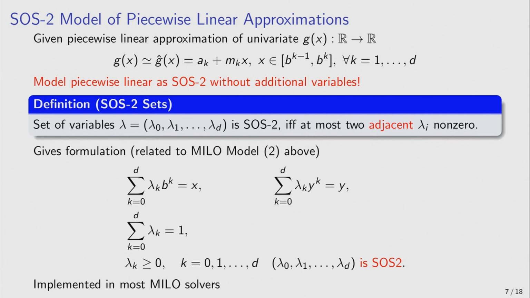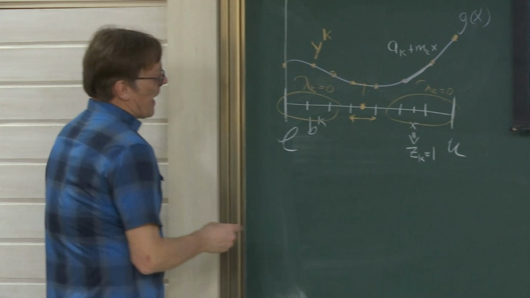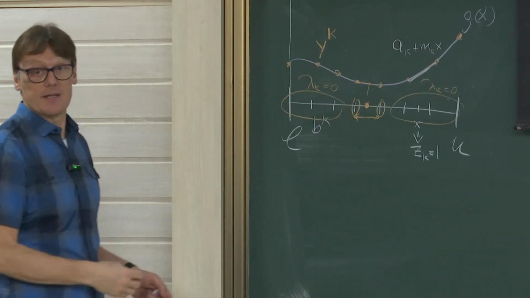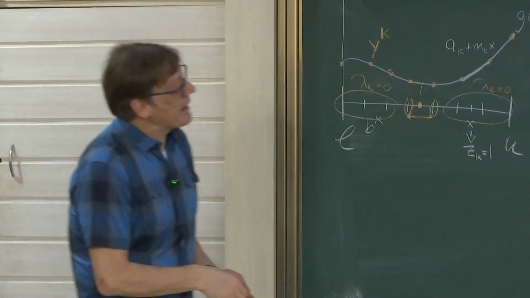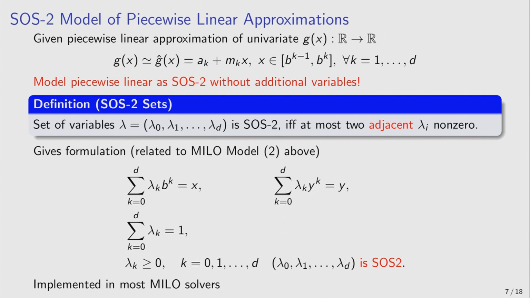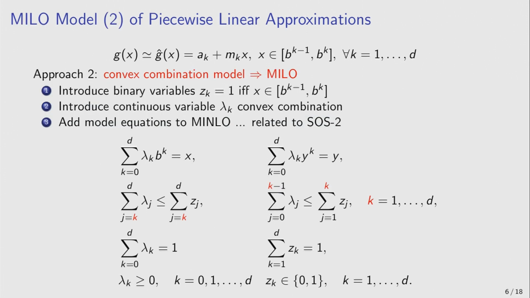I want this special ordered set of type 2 that says at most 2 adjacent ones are non-zero, everybody else is 0. And if you declare, and you can do this in the solvers, that's implemented, I think, in most mixed integer linear optimization solvers, including AMPL, for example, then we can write these constraints that we had earlier without the complication of having the zk variables.